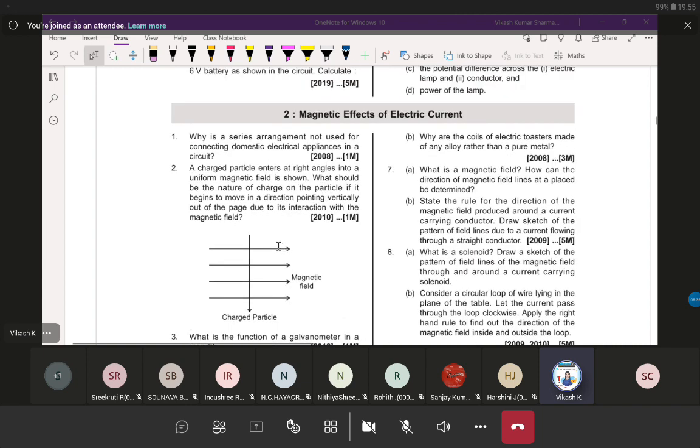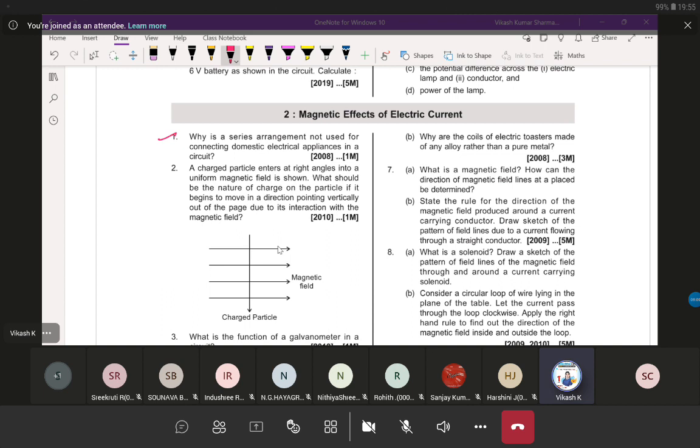By the time, just look at this question. Why is a series arrangement not used for connecting the domestic appliances in the circuit? If one appliance gets damaged or fused, the rest of the devices will not work because current will not pass. The circuit will be broken, right?